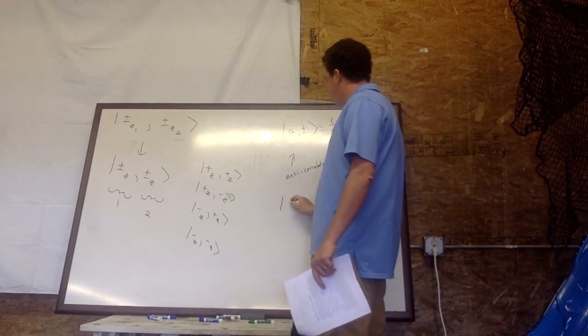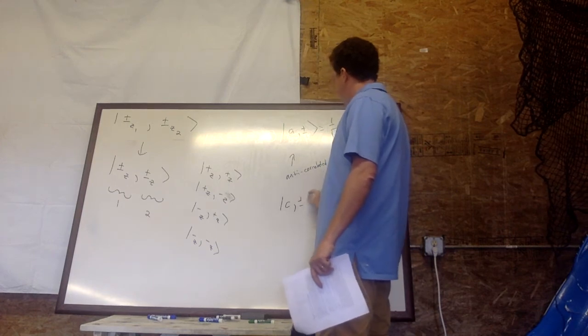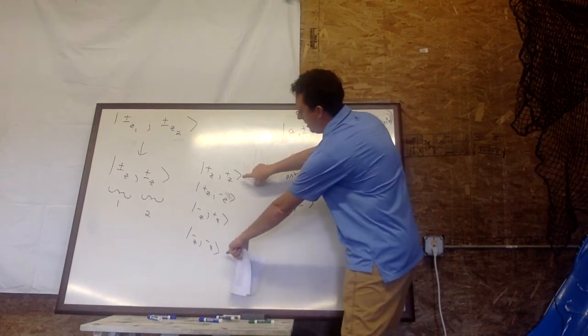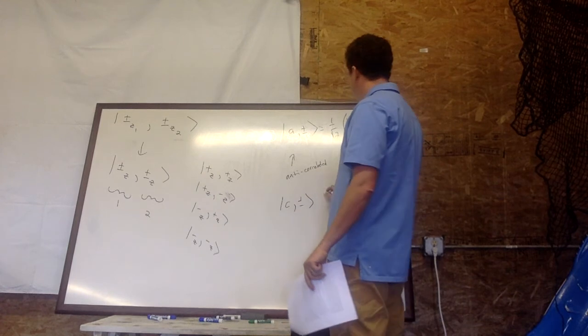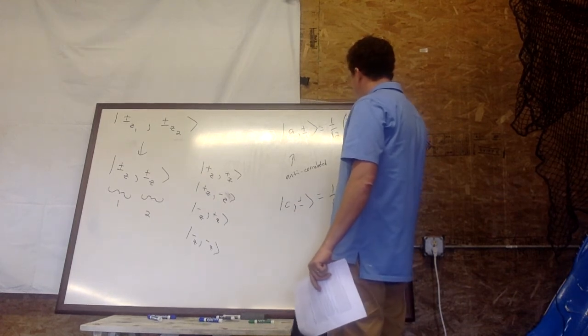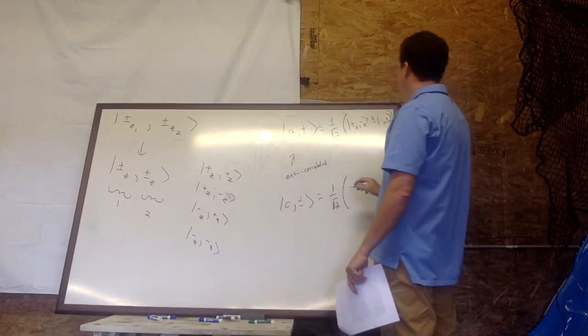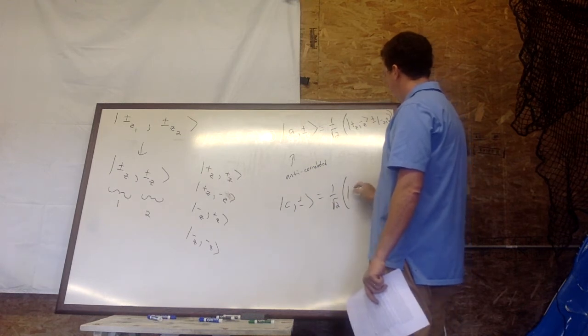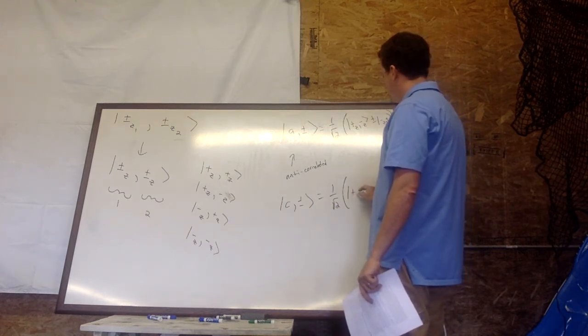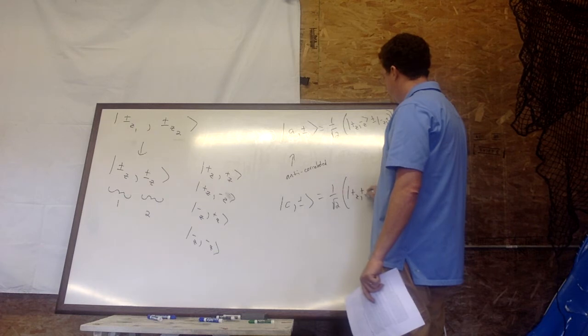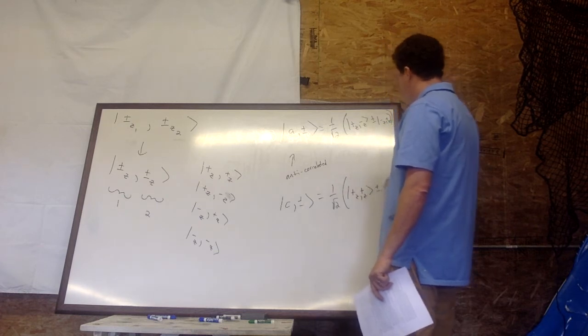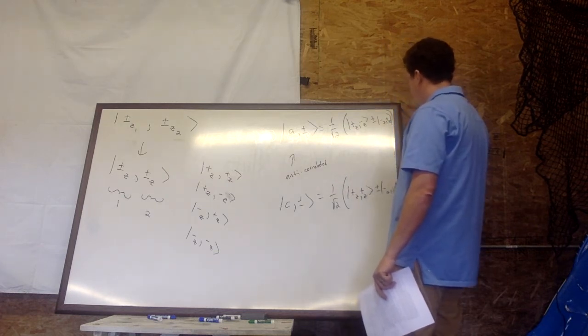The correlated states are built out of the top and bottom ones here. So they're 1 over root 2, and you're going to do plus z plus z plus or minus minus z minus z.